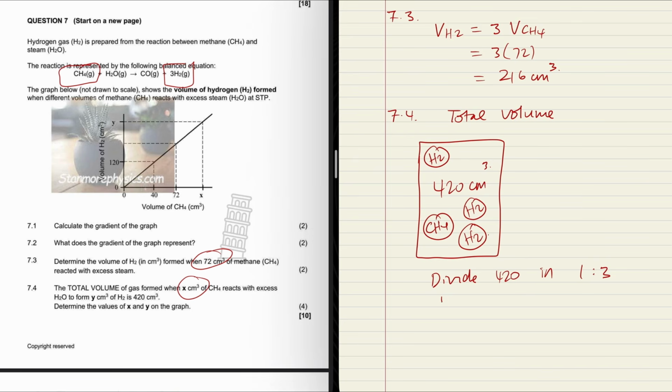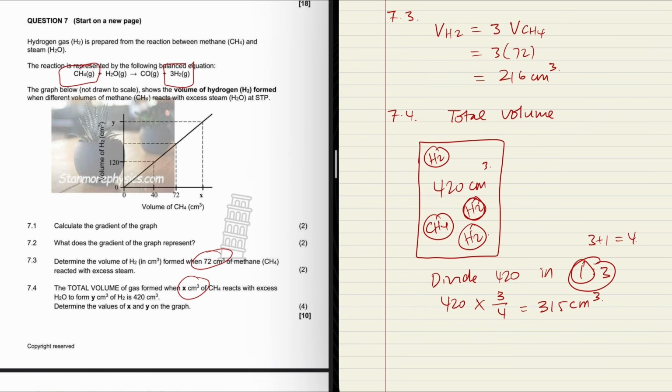So we'll say 420 times, now we add 3 plus 1, which is equal to 4. So multiplied by 3 over 4, and that's equal to 315 cm cubed.